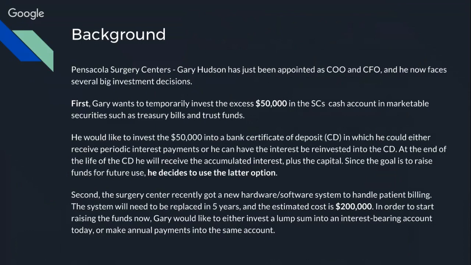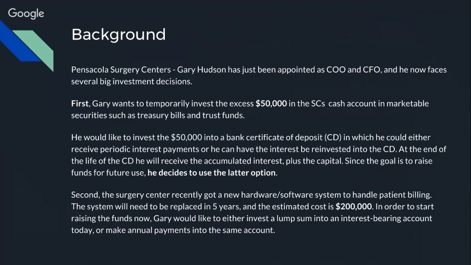More specifically, he's looking at investing in a certificate of deposit. So part of the problems will be seeing if that's a good option, seeing how much he would have to invest in order to get a certain future value.